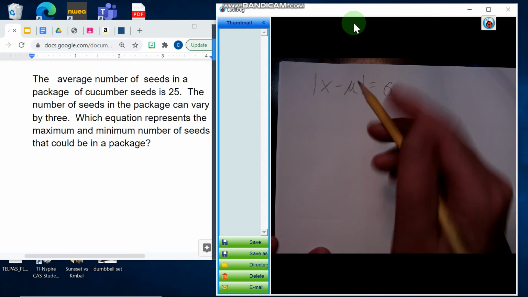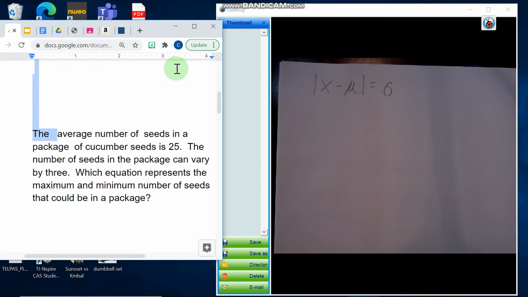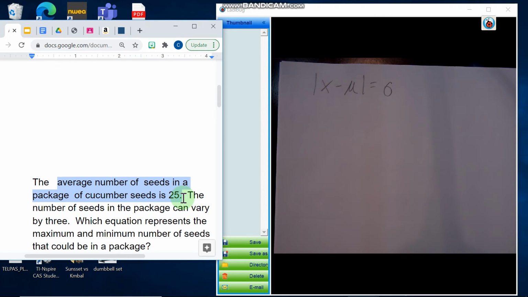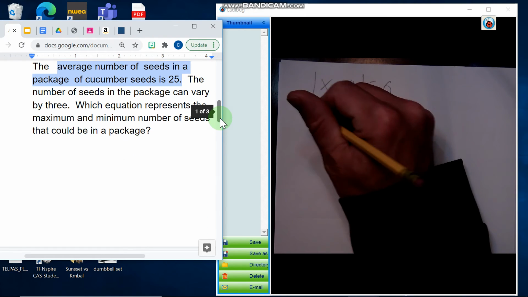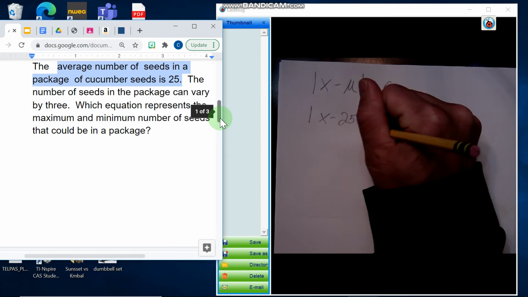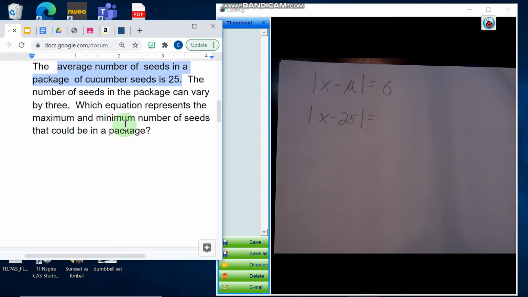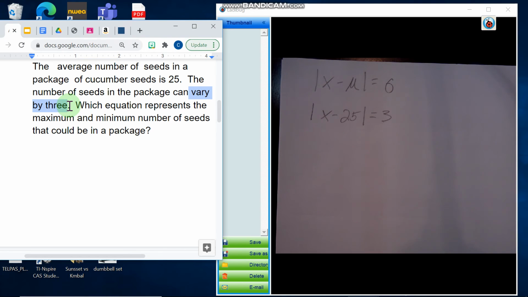The average number of seeds tells me that it's 25, so that's going to replace my mu. The number of seeds in the package can vary by 3, so our sigma is 3.